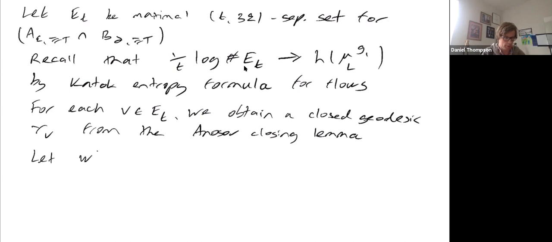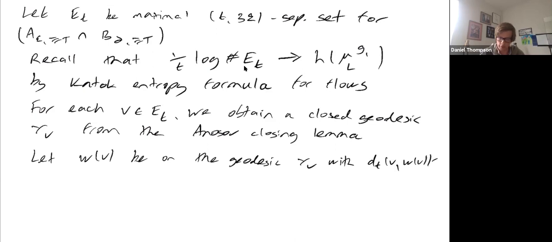So let w sub v be, just parameterizing it and notation beyond the geodesic. So let's just pick a point on this geodesic gamma v, the one that has d sub t of v, w sub v less than epsilon. So just parameterizing it.